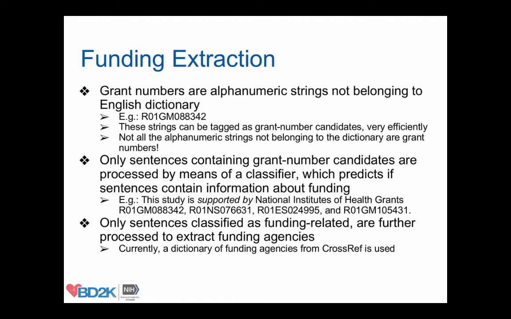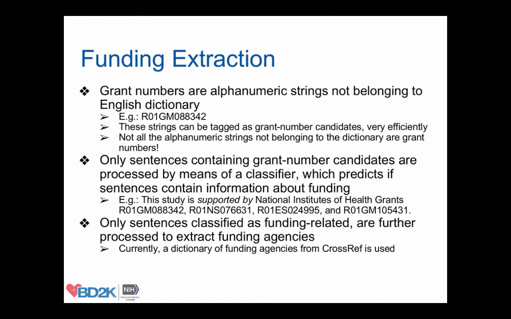For funding extraction, we want to identify the grant numbers associated with these tools and include that as metadata in AZTEC. So to identify the type of candidate sentences that may contain funding information, we first filter them so that we only consider sentences that contain alphanumeric strings like these that don't exist in the English dictionary, that contain letters and numbers that could possibly be grant numbers.